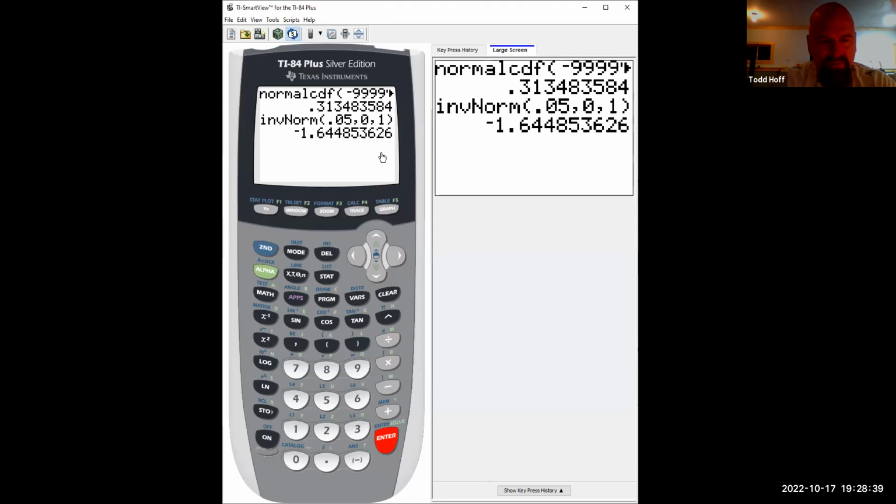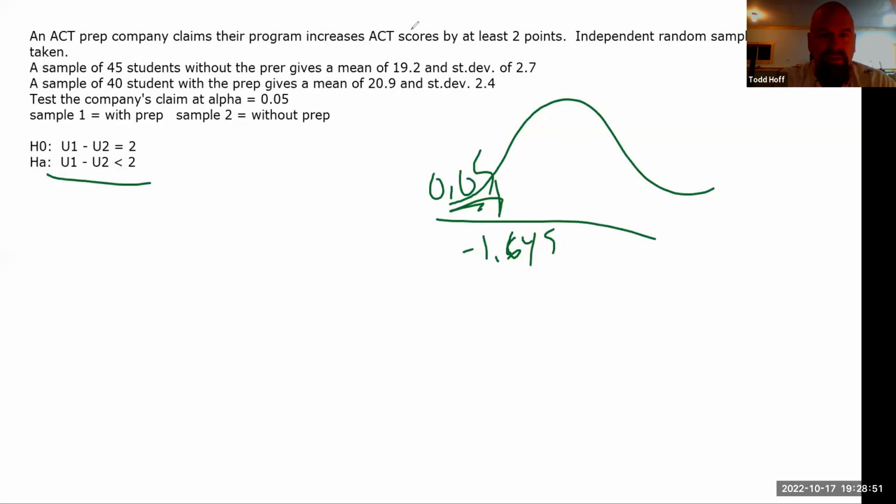And there it is, negative 1.645. Okay, so that is our critical value. Oops, careful. I'm going to step back. That is not our critical value because this has to be a t-score, not a z-score.